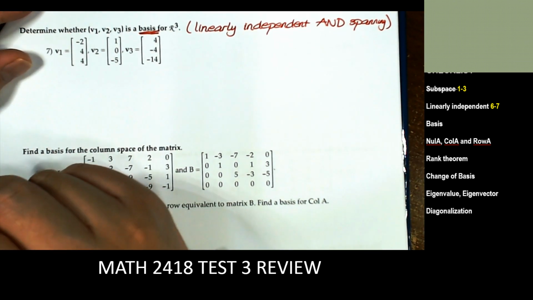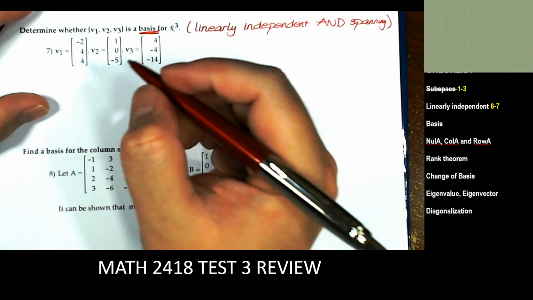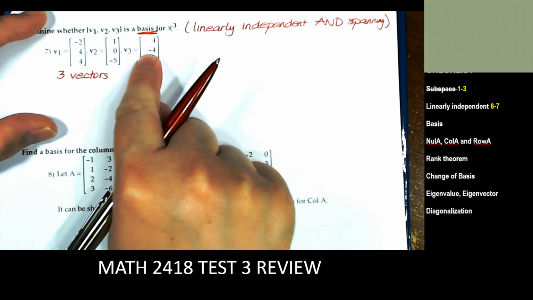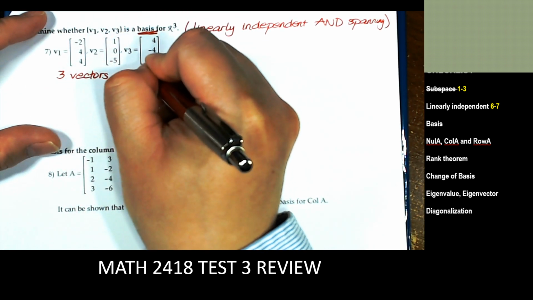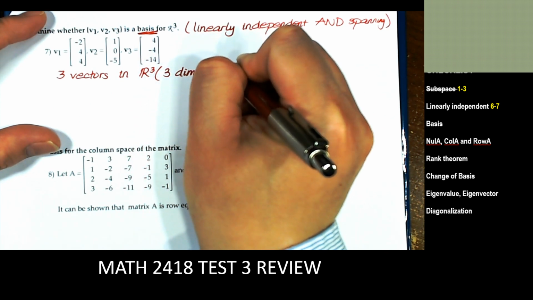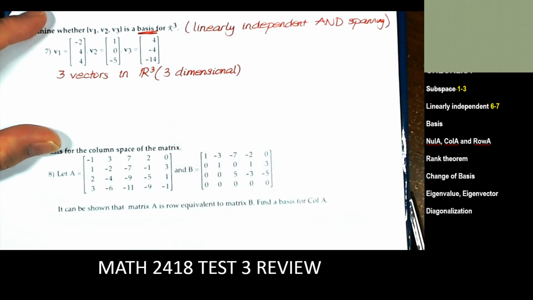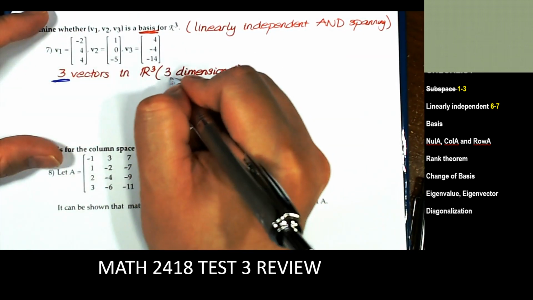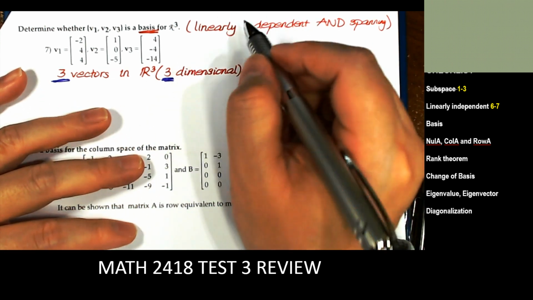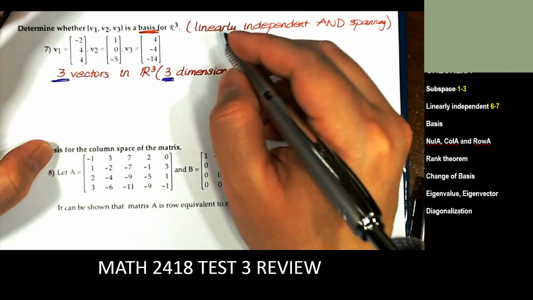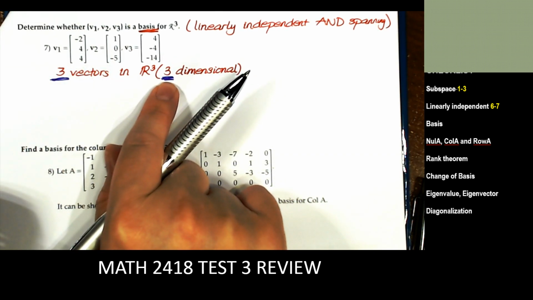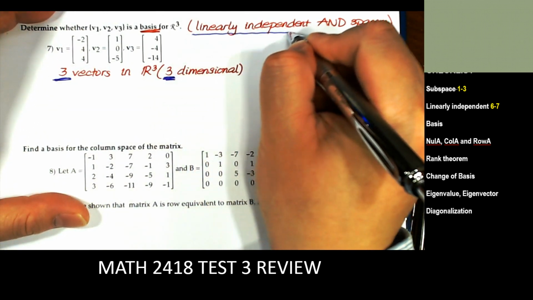But in this special case, if we have the same number of vectors as the dimension of the space they are in, like here we have three vectors in R3, and R3 of course is three-dimensional, then we only need to verify one of them, linearly independent or spanning. Verifying linear independence will be enough.